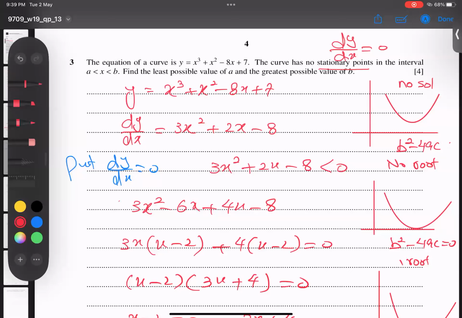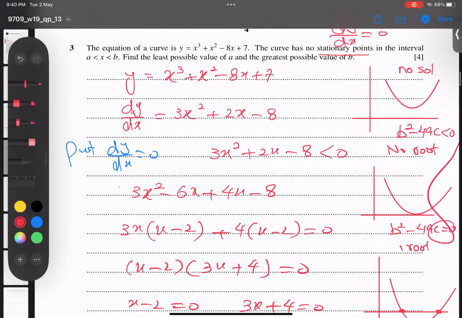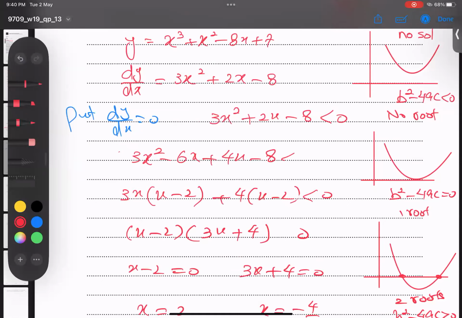Then this is less than 0. b squared minus 4ac is bigger than 0 here, equal to 0 here, and less than 0 here. So less than 0. I think you are getting the point.